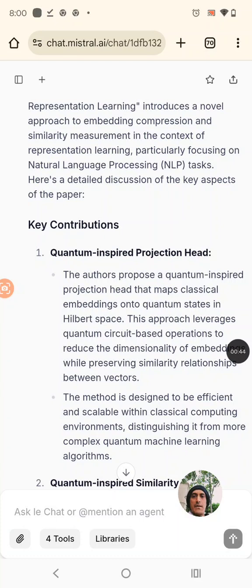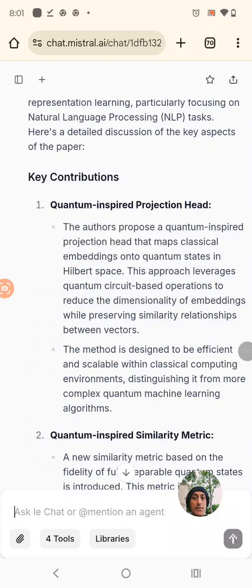So this paper introduces a novel approach to embedding compression and similarity measurement in the context of representation learning, particularly focusing on NLP tasks. The key contributions, obviously, number one, quantum inspired projection head.